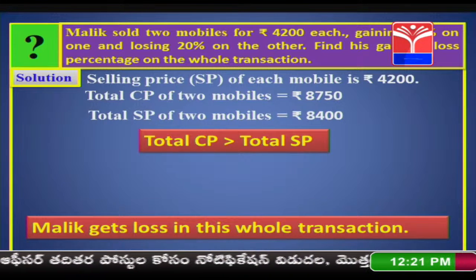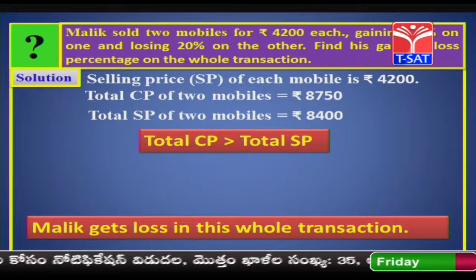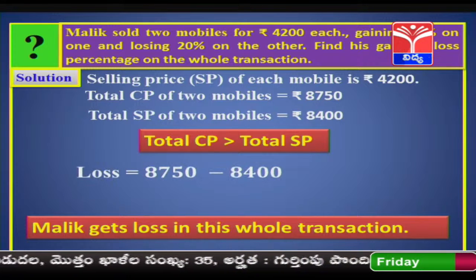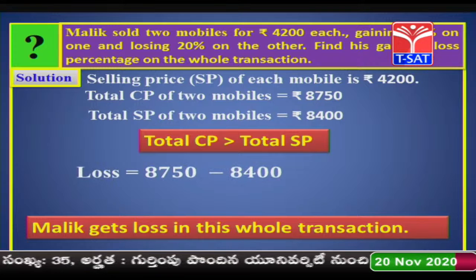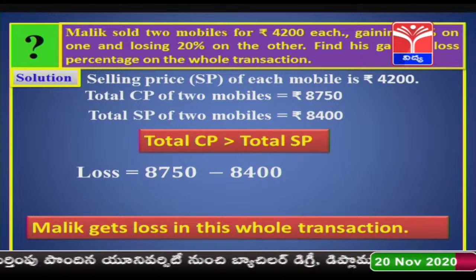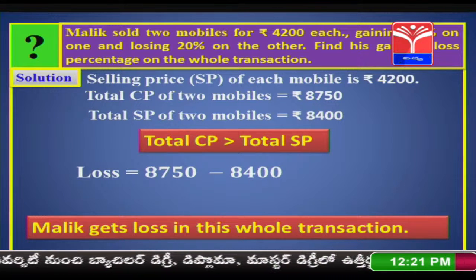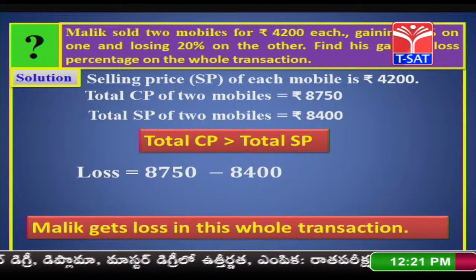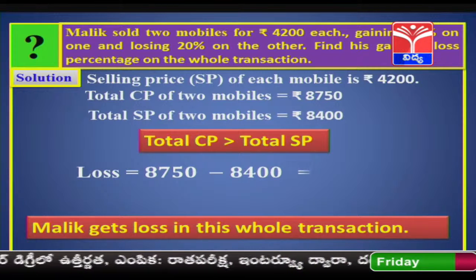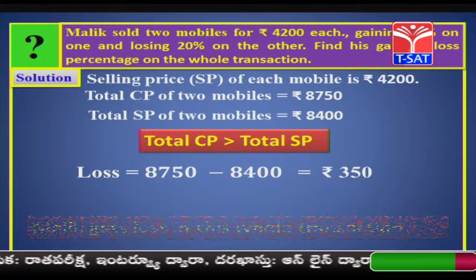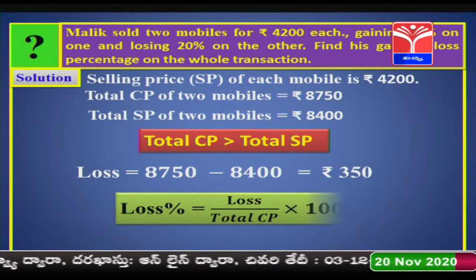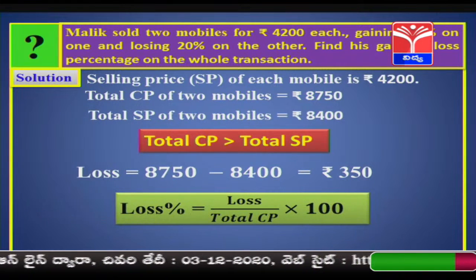Now, let us find out his loss and also the loss percentage. So, loss is given by CP minus SP, that is 8750 minus 8400. So, what do you get, children, on subtracting these two? Yes, we get 350 rupees. So, loss percentage is given by loss by total CP into 100.